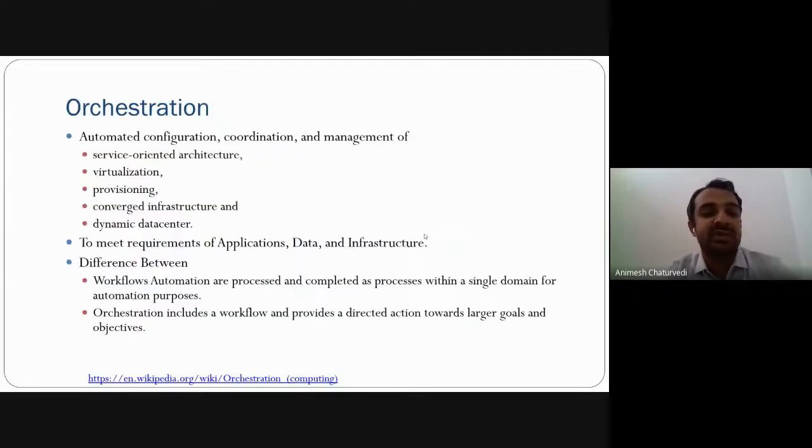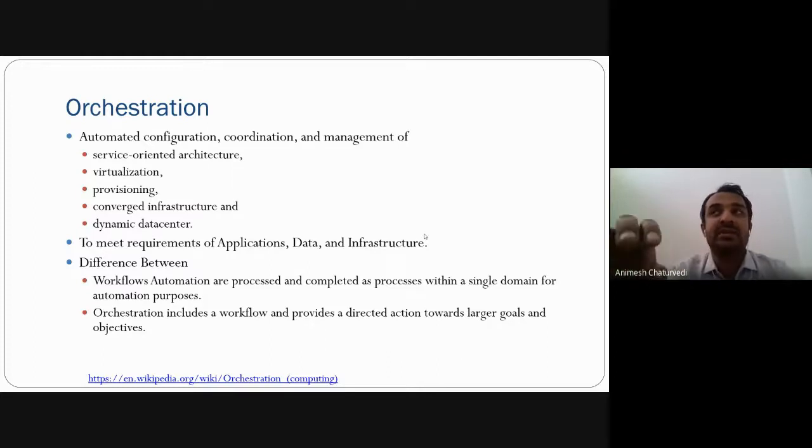Then we'll discuss orchestration. Orchestration is basically automated configuration, coordination, and management of the lower level abstraction. What are the lower level abstractions? It does virtualization. How does it do virtualization? With the help of service oriented architecture, which manages virtualization and provisioning, and does converged infrastructure management.